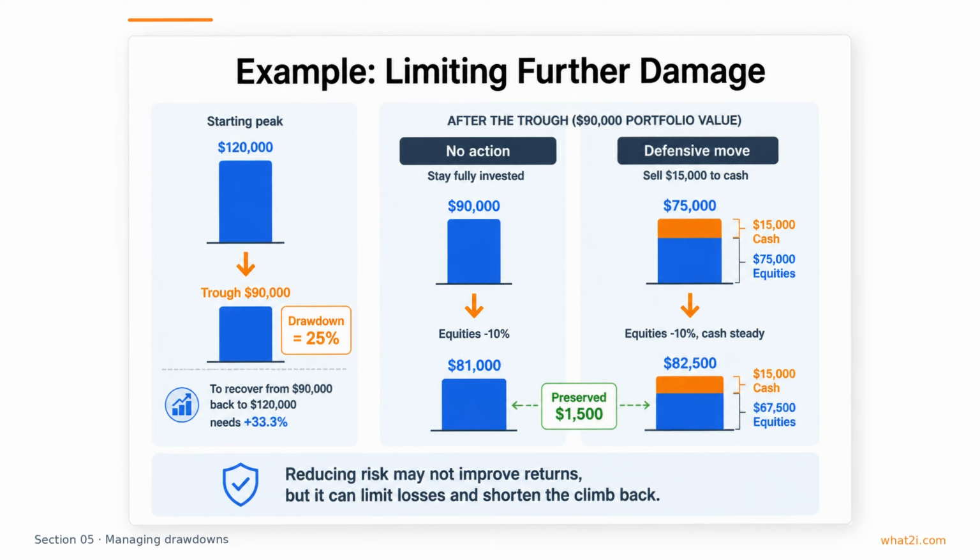Another investor moves $15,000 to cash at the trough. So when equities fall another 10%, the portfolio ends at $82,500 instead. That defensive move preserved $500, which does not guarantee better returns, but it does reduce the depth of the hole that must be climbed out of.